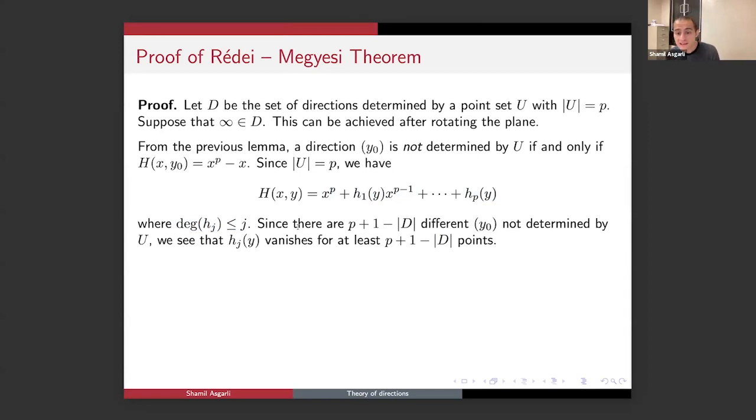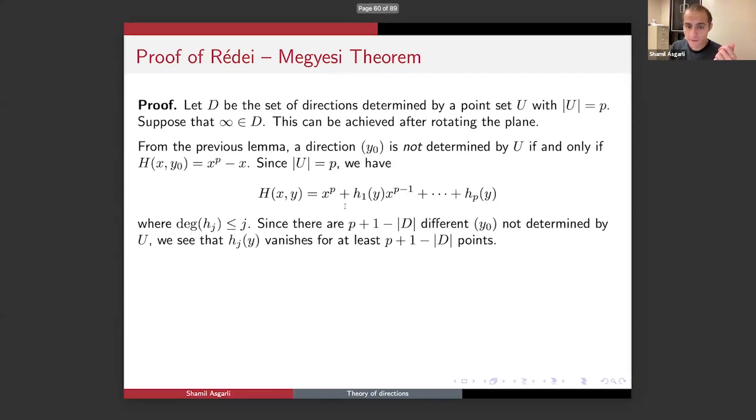And now here is the crucial observation. How many directions are not determined by the set U? Well, let's think about it. D is the set of directions determined by the point set, and there are p plus 1 total directions.